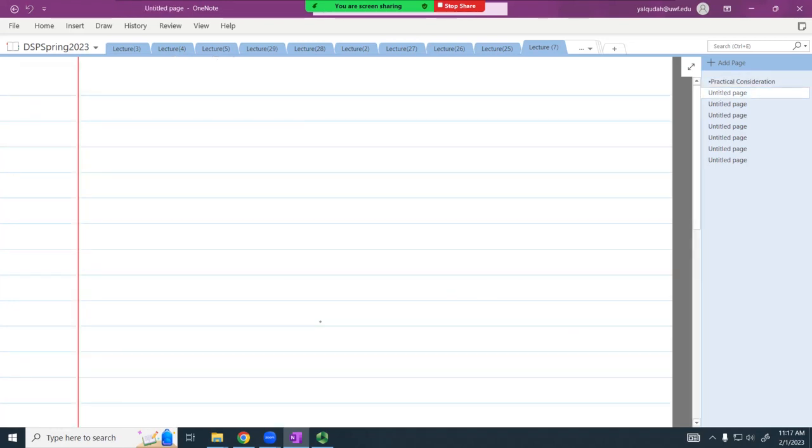Another consideration is that the ideal low-pass filter that we use at the reconstruction cannot be implemented.